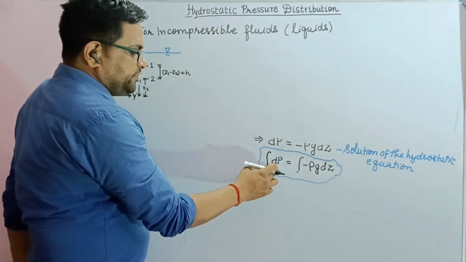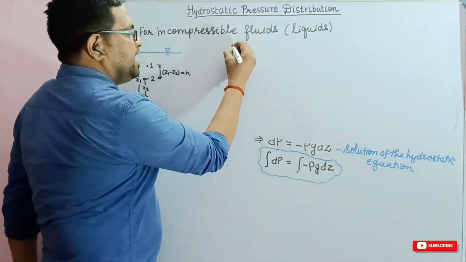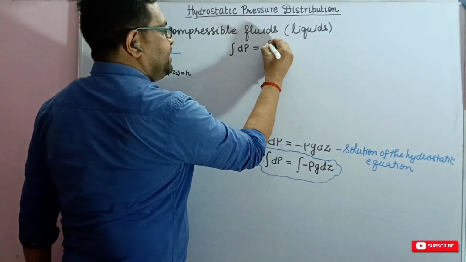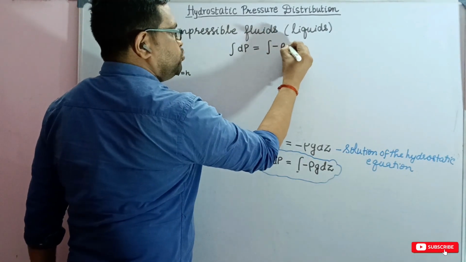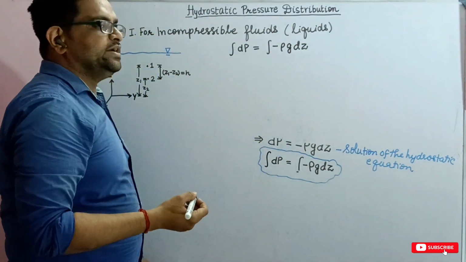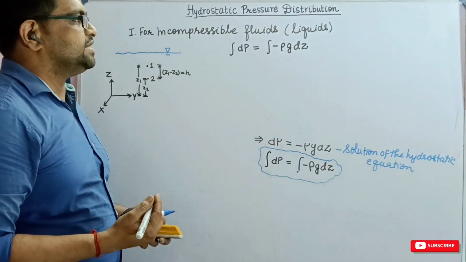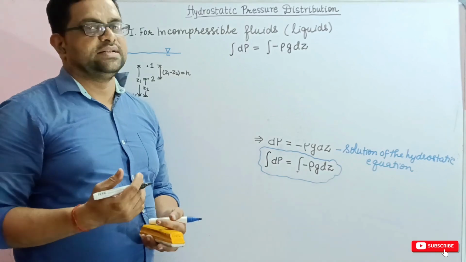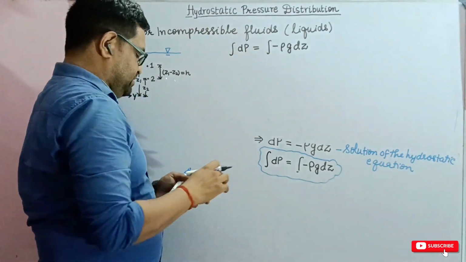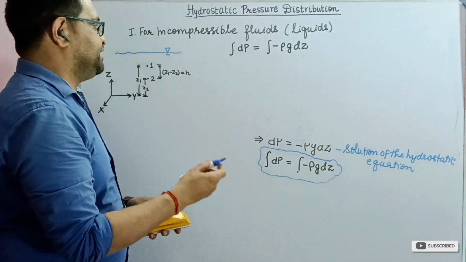Now here, by using this equation, we have integration of dP is equal to integration of minus rho g dz. Now, liquids are those substances for which we assume that the density is constant. So we can take out the constant terms and the remaining will be in the integration.